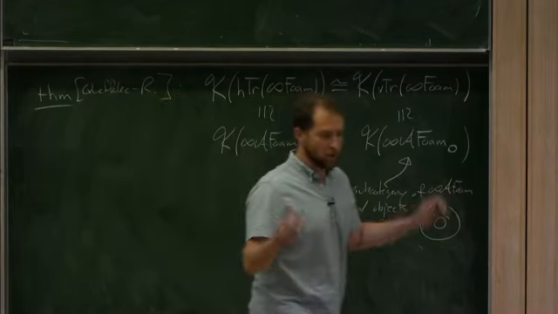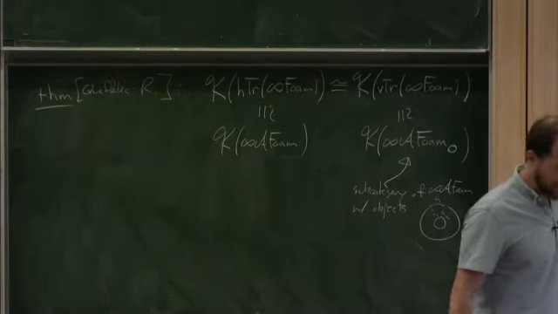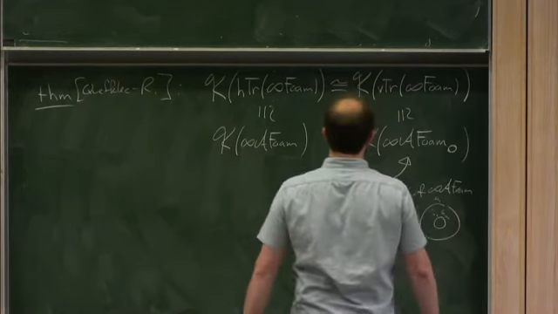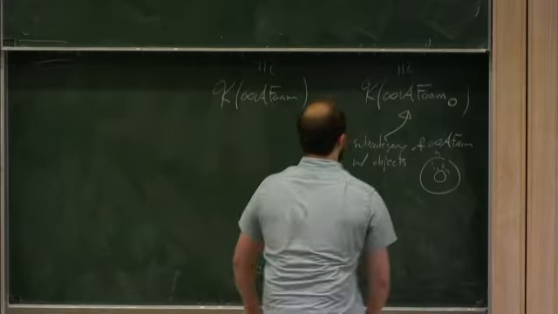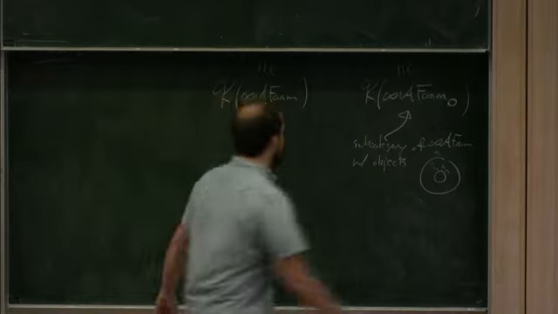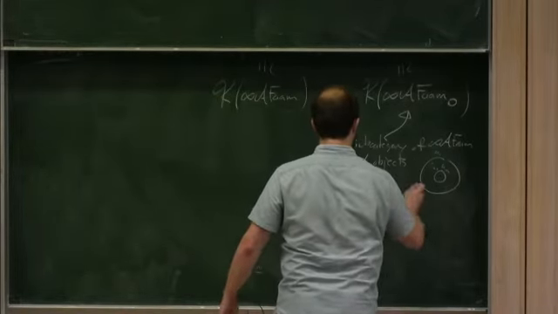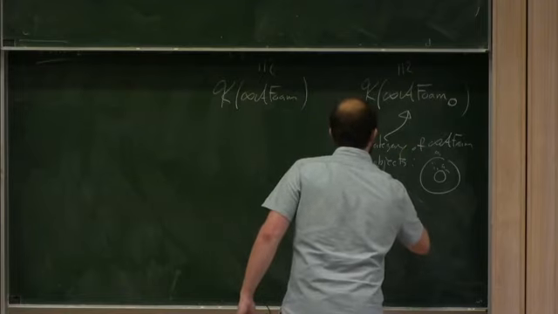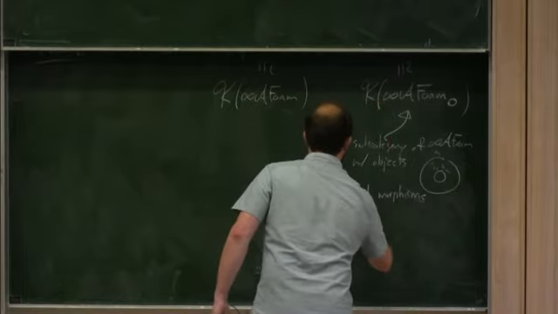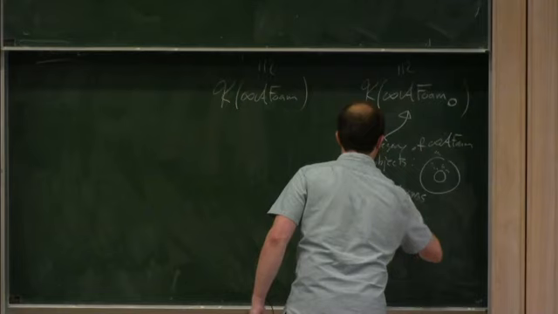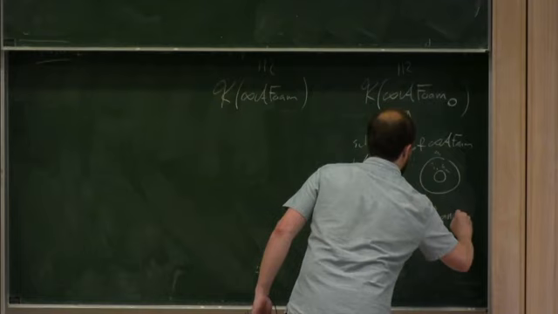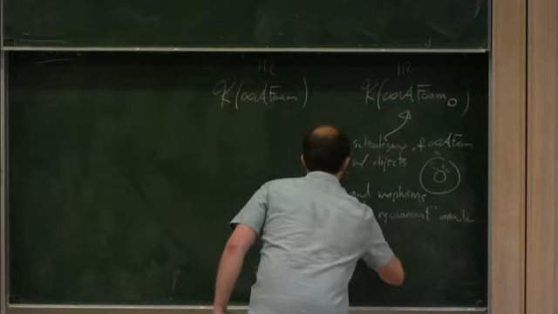There's some grading shifts you can incorporate and some direct sums you'll need to take, but philosophically it's just that. And what are the morphisms? So objects are just circles, which have some S1 symmetry, by definition of a circle, I guess. And morphisms, so I'll put this in quotes and say S1 equivariant annular foams.